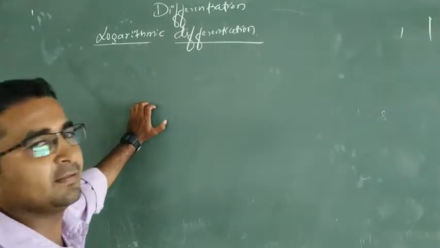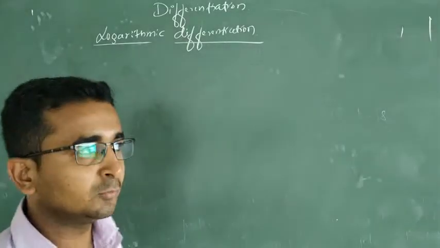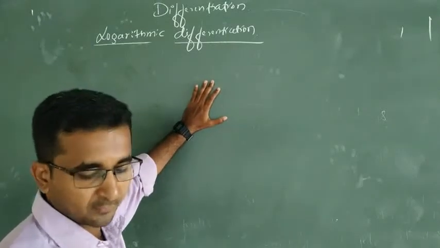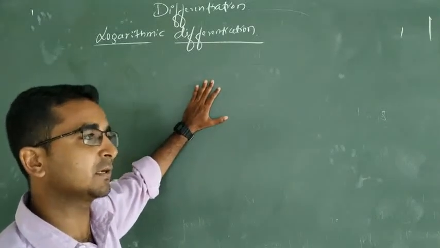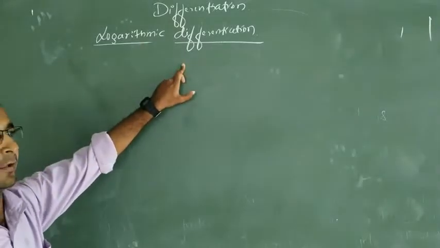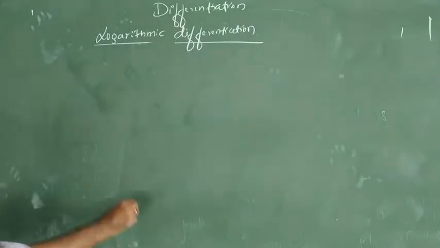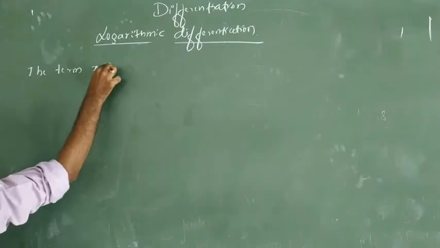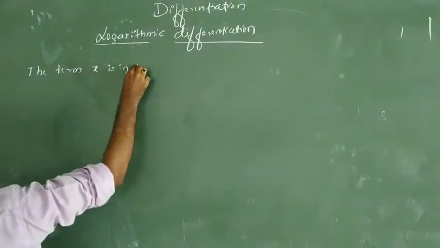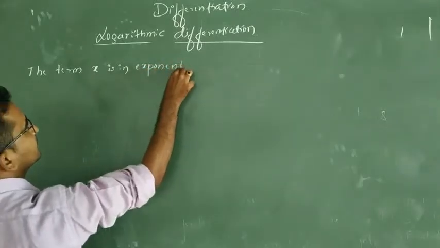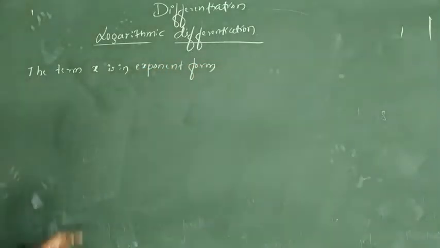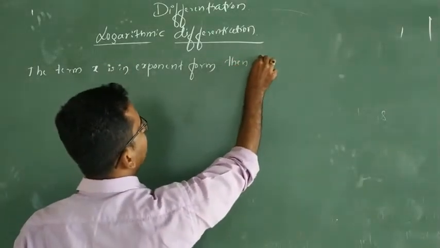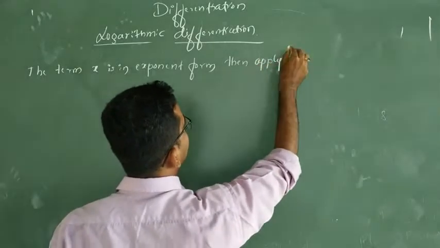So how do we decide that an example needs logarithmic differentiation? There is one simple way to come to that conclusion: whenever the term x is in exponent form, then apply the logarithm.